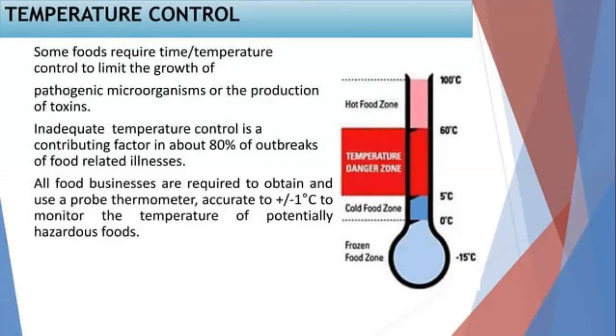But again, I would like to highlight that it depends on the type of food. Yes, we can categorize the food items and make different sections, stating this is the limit range of temperature and this product is suitable for this type of storage condition.